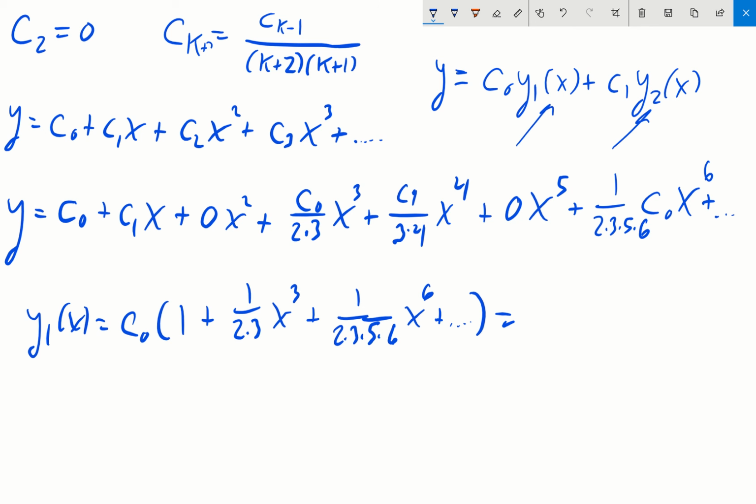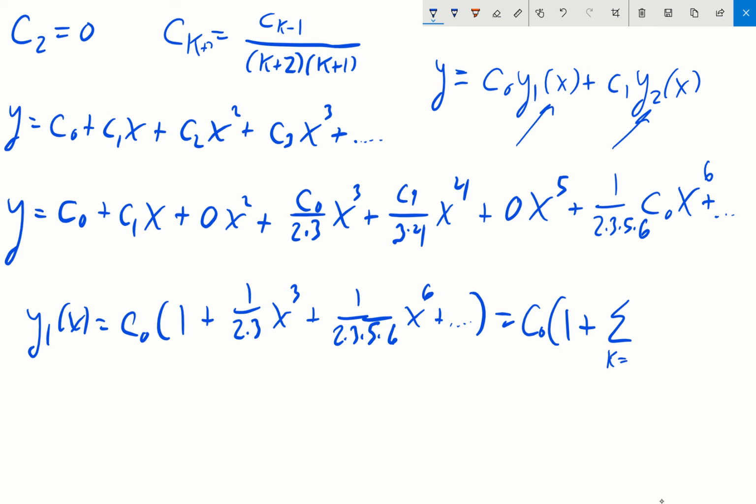We could actually write this in closed form if we wanted to. This is C0 times the sum. Actually break out the 1 first, because the 1's kind of hard to work into it. We have 1 plus, and now what we see is we're always going to have powers of x that are multiples of 3.